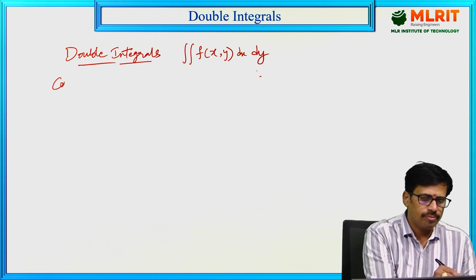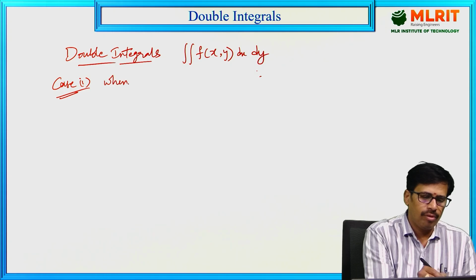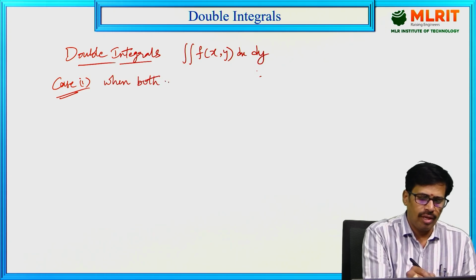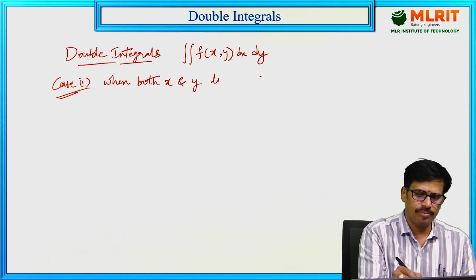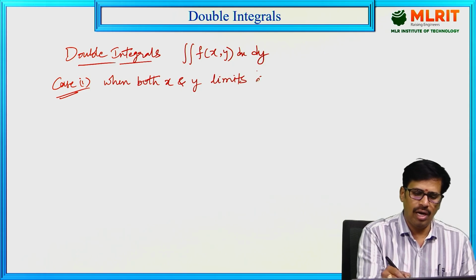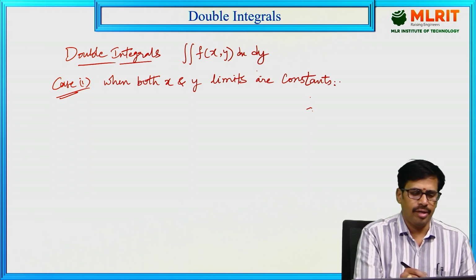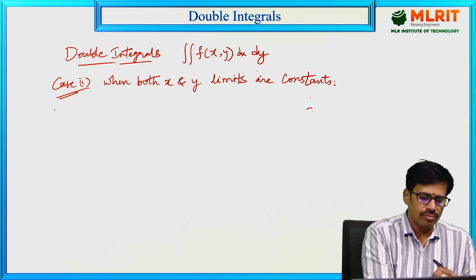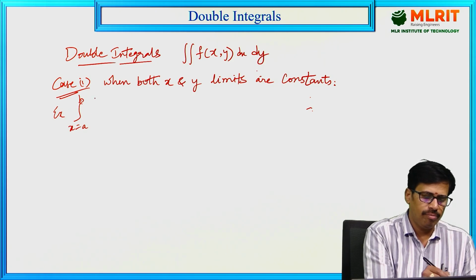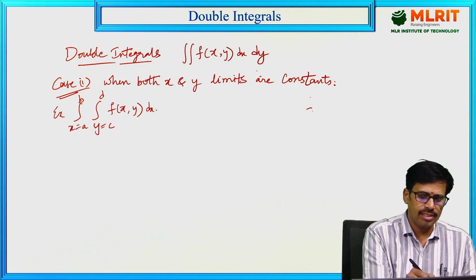Case 1, when both x and y limits are constants. Right? So, for example, x is equal to a to b, y is equal to c to d, some function of x and y dx dy.